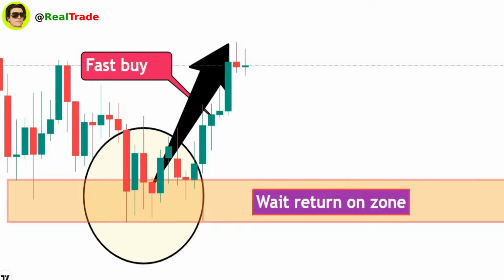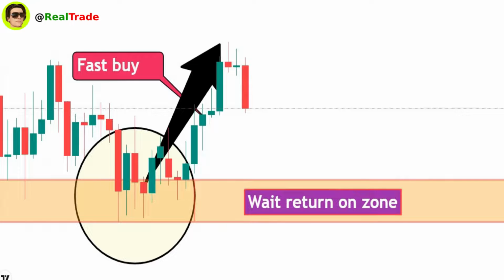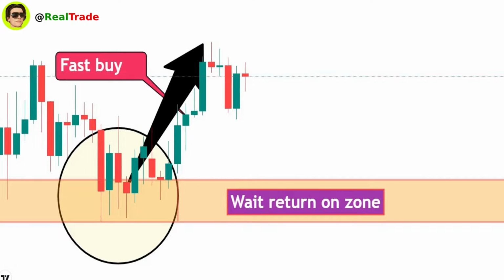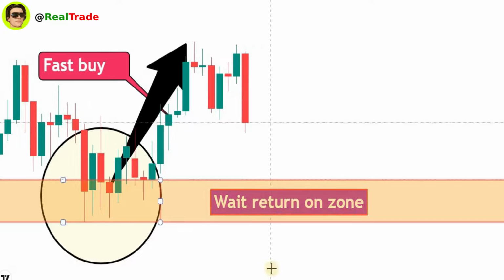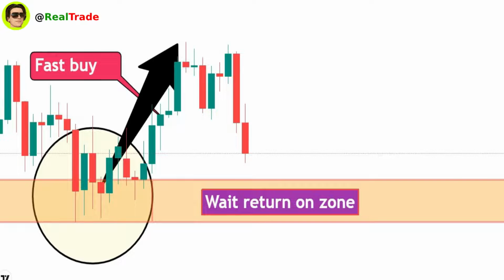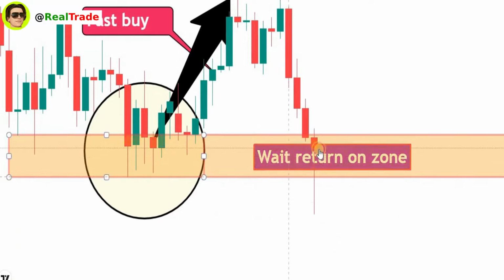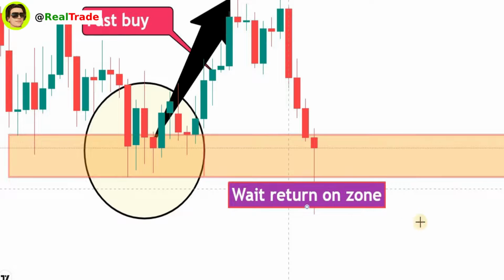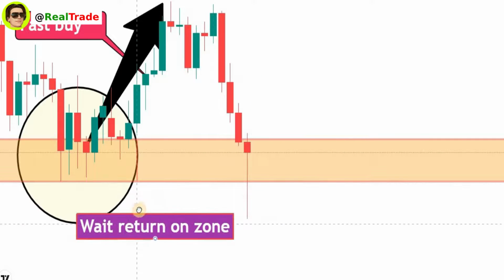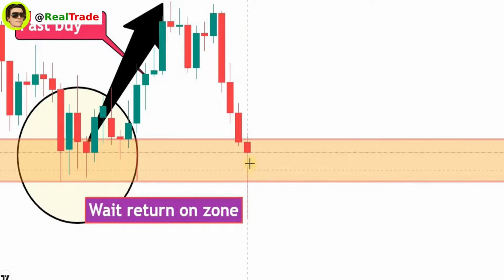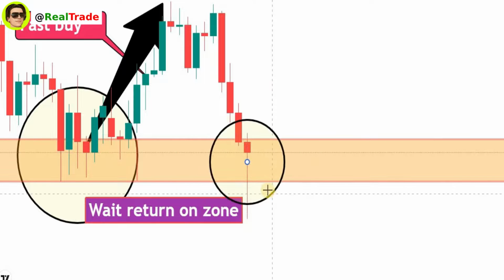Look at the chart. Next candle, next candle. Continue. Big fat line, but red candle.